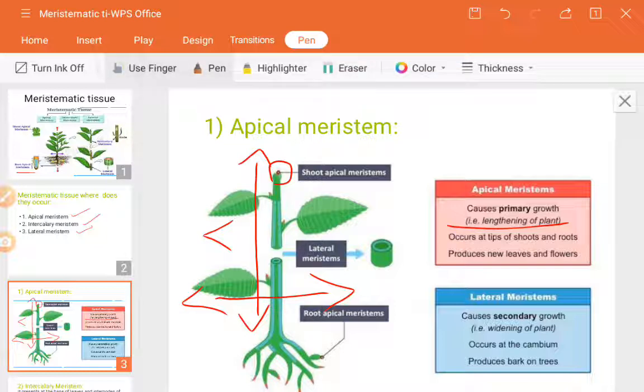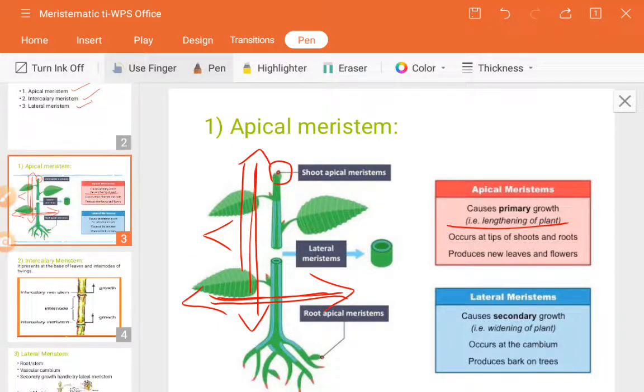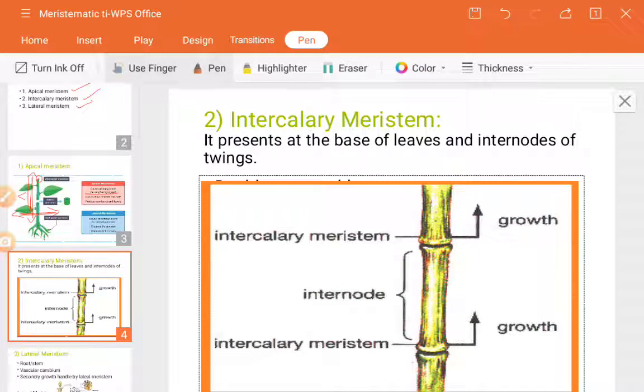Now you can see it increases in the length, and it increases in the width. That's why the lateral meristematic tissue is responsible for the increase in width, and apical meristem for the increase lengthwise. Okay, so we will move to the next slide, that is the intercalary meristem.